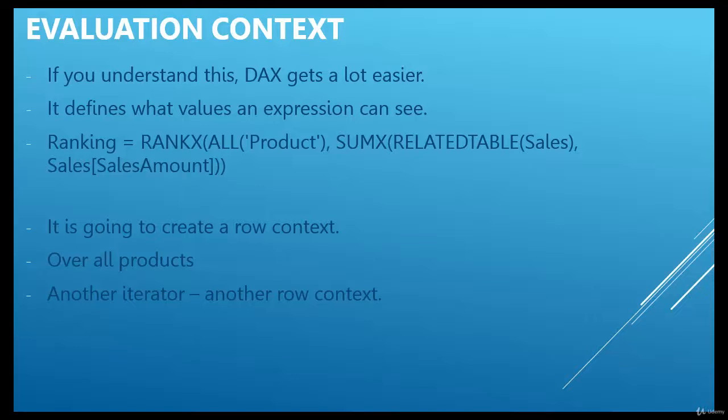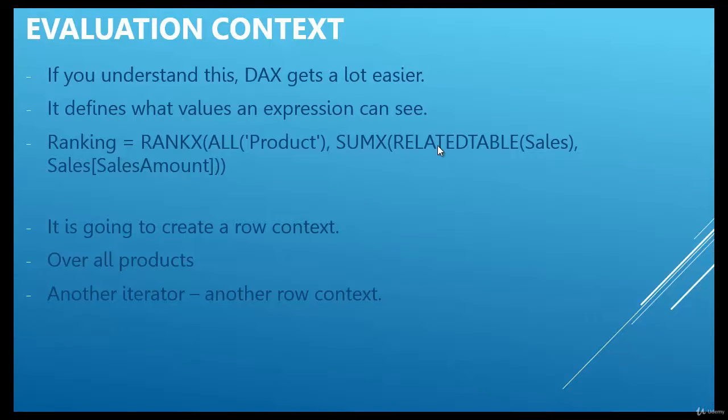So we have used that, and here again SUMX is an iterator function, so it requires a table, and by giving it a table, again we are creating a row context. So you can see here, first we created the row context by using the RANKX iterator function, and then again we are creating a row context because we need the sum of all the sales for that particular product. So we're creating another row context.